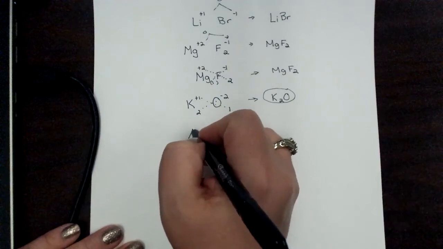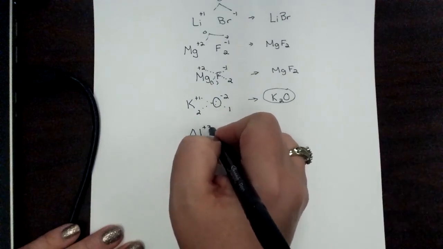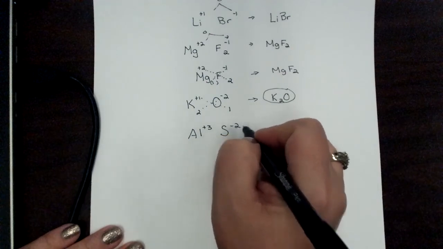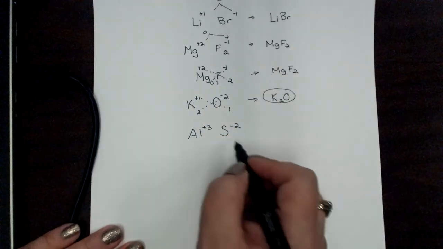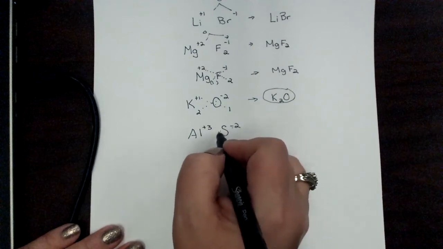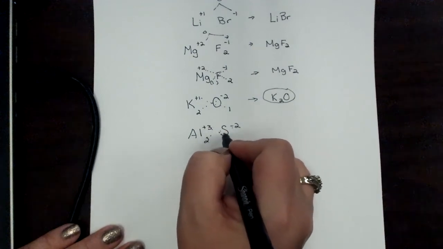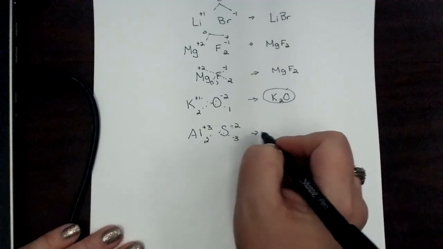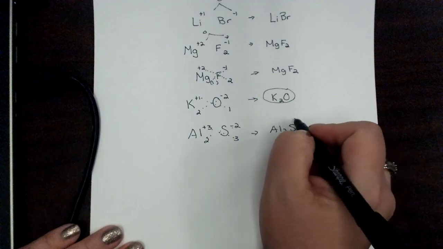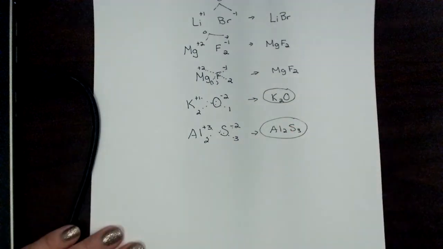Here's another one. We have aluminum with a +3 and sulfur with a -2. Obviously they don't balance out, so I would need to crisscross. And my answer becomes Al2S3. Pretty easy, huh?